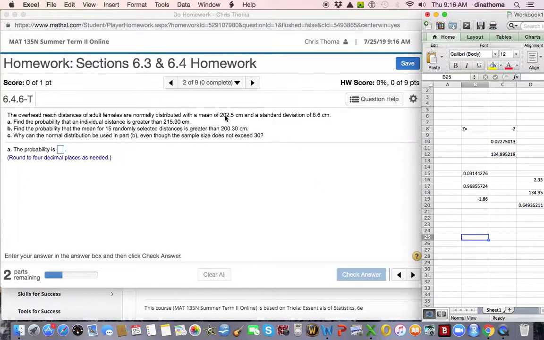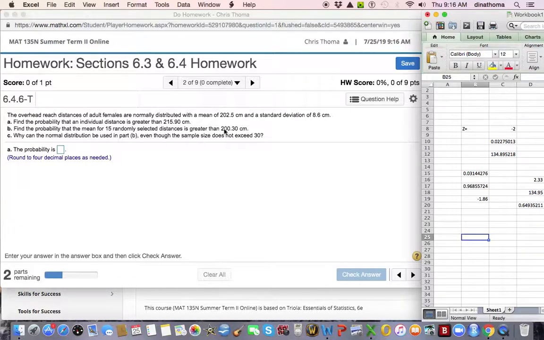In this case, the mean is 202.5. And the standard deviation divided by the square root of how many I pick. That is what the central limit theorem says. And if you want to see the formulas, go pull up the PDF. I have them in there, or section 6.4 talks about them.